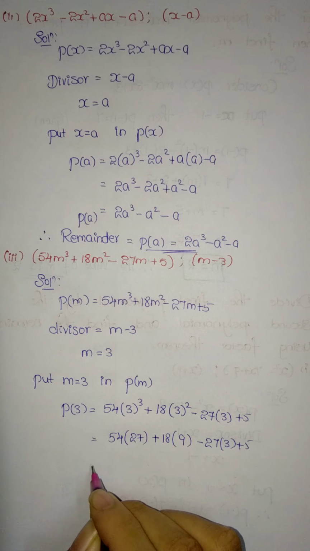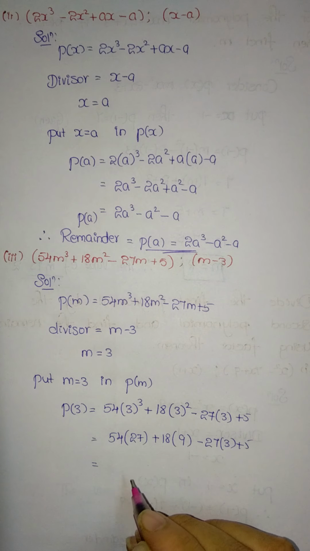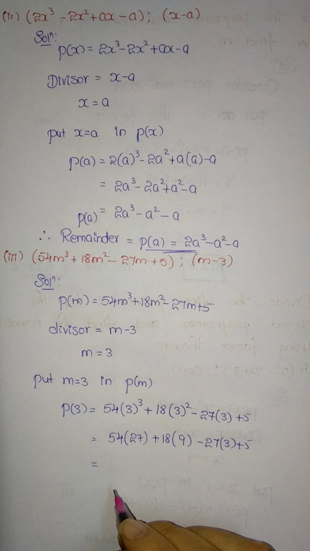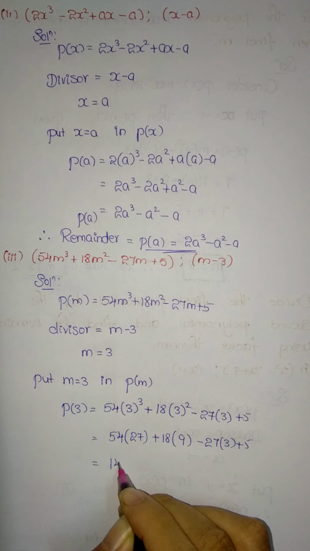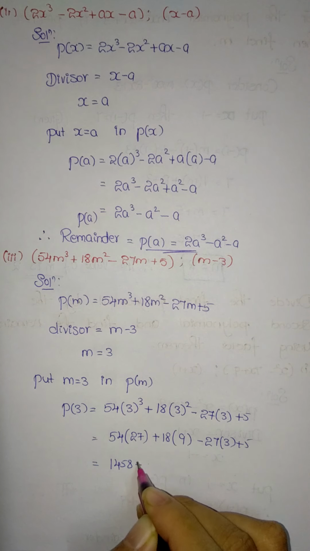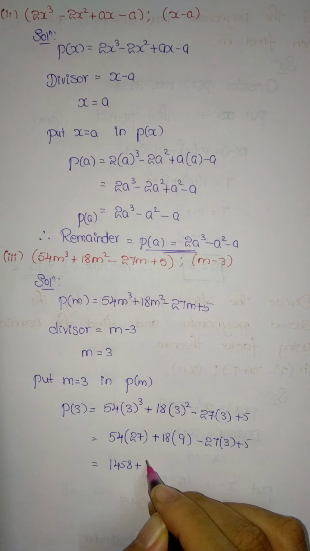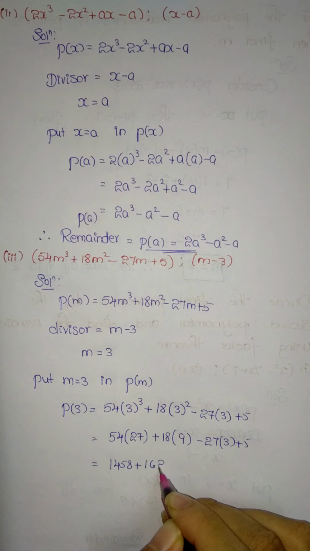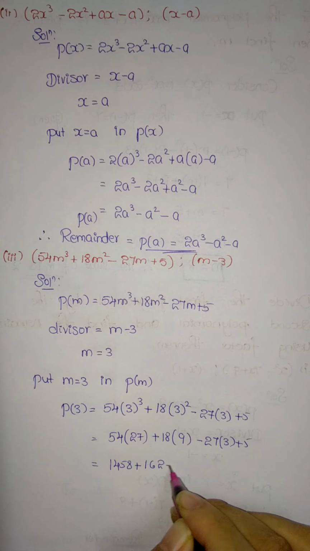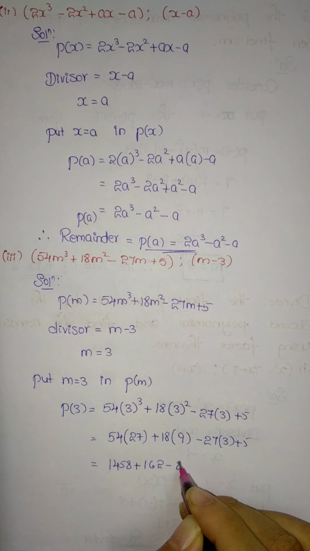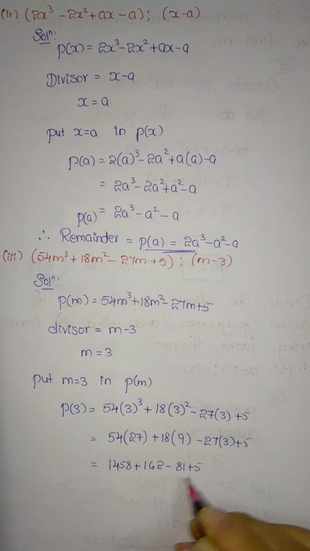So here, which is equal to 54 into 27, it gives the value 1458, plus 18 into 9, 162, minus 27 into 3, that is 81, plus 5.